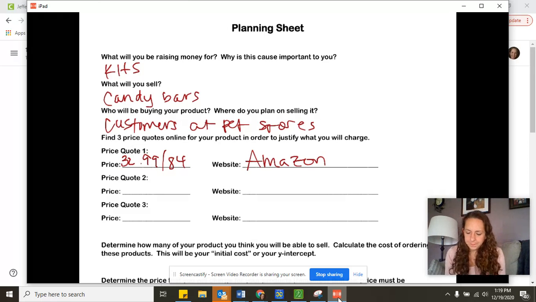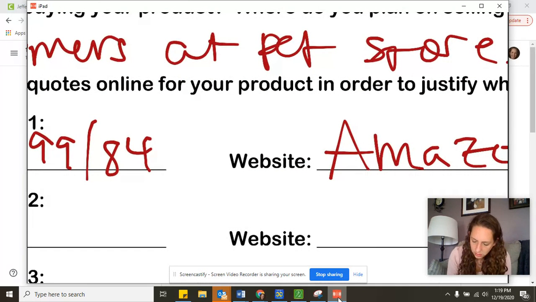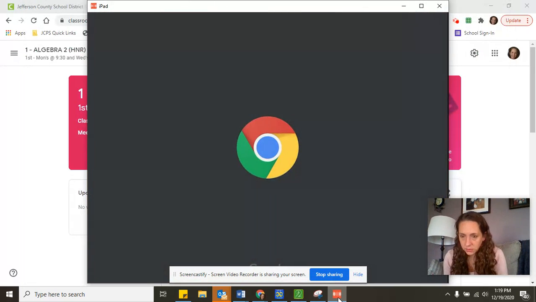So I do want to figure out the price per candy bar so I can figure out which one's the best deal. So I would go to my calculator and type in $32.99 divided by 84. And that will give me 39 cents per bar, which on Amazon, they already kind of told us.